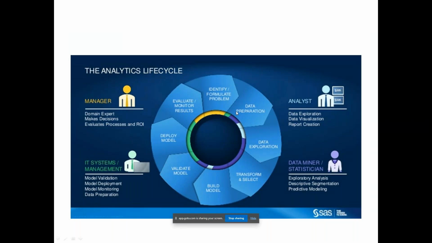Then data preparation. According to the problem statement, you have to prepare your data, exploration, nothing but EDA activity you have to do. The actual data you have in EDA may not help you create a business model directly, nothing but model building. So there is an intermediate step called transformation of the data.